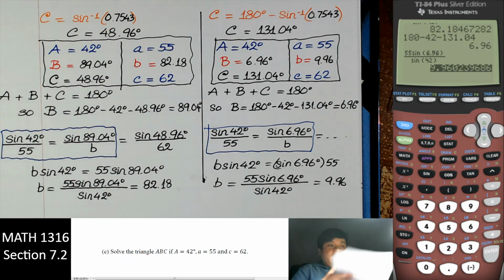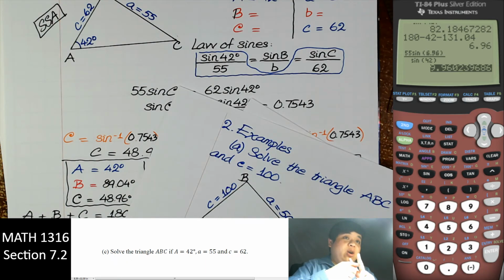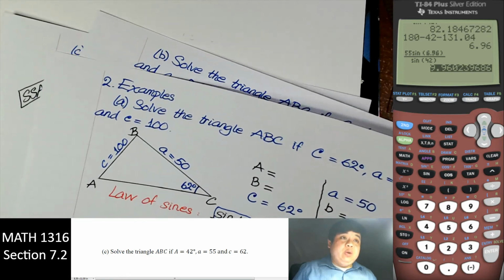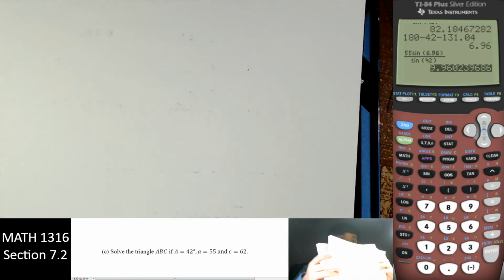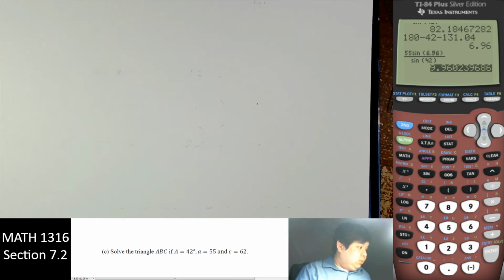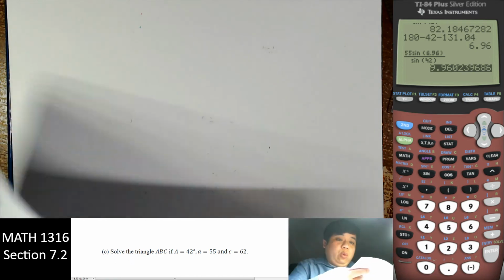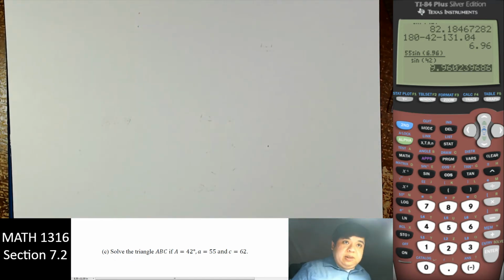So in the case of side, side, angle, when we know two sides but not the angle in between, that's where we have the ambiguous case. We might have more than one solution, or no solution, or one solution. Bottom line is, when we have a pair of opposite angle and side, we use the law of sines.